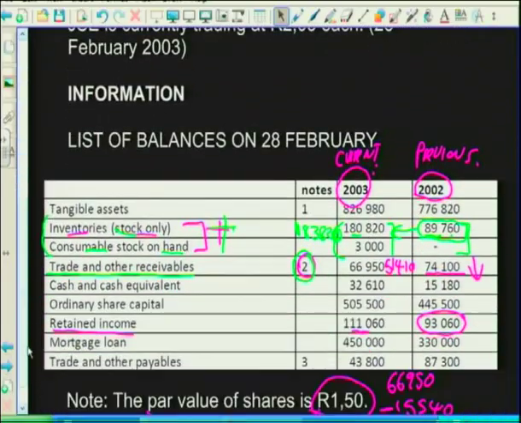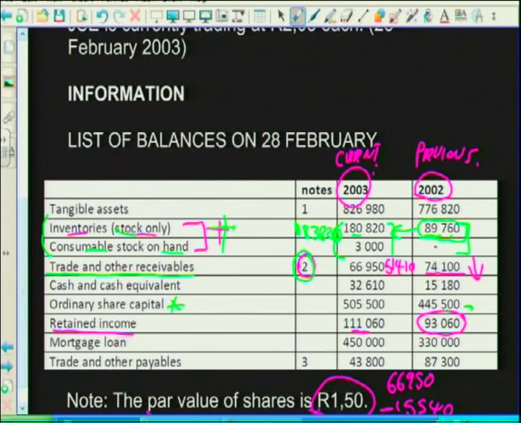So back to our question, and we're looking at the information, your list of balances, ordinary share capital. That's what's going to tell us whether we've issued additional shares during the year. If I inspect 2002, my share capital was sitting at 445,500.